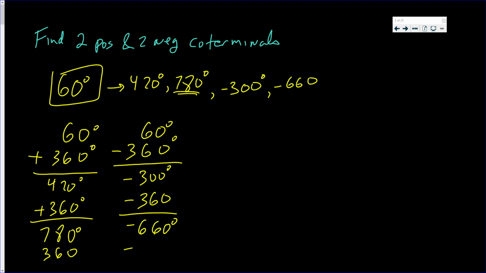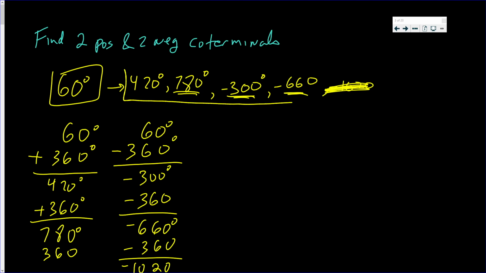Again, I could take away another 360 and get negative 1020, but that's more work. So these are two positive and two negative coterminals for 60 degrees.